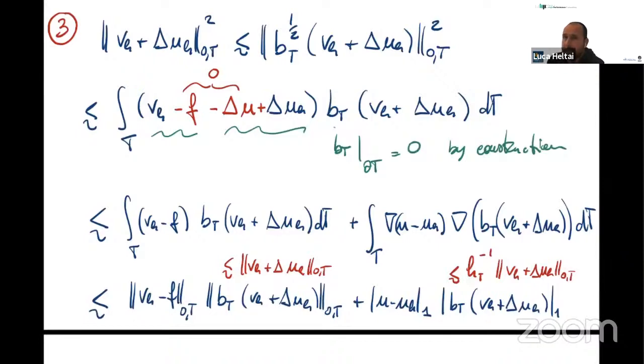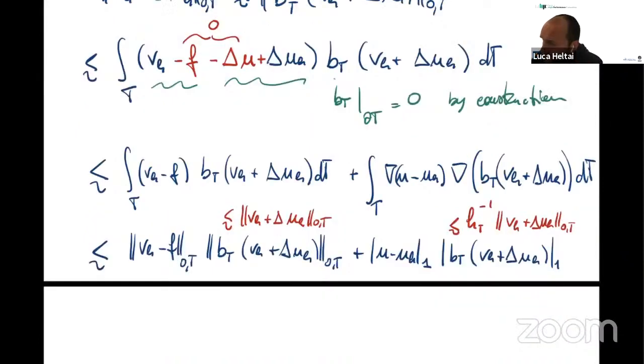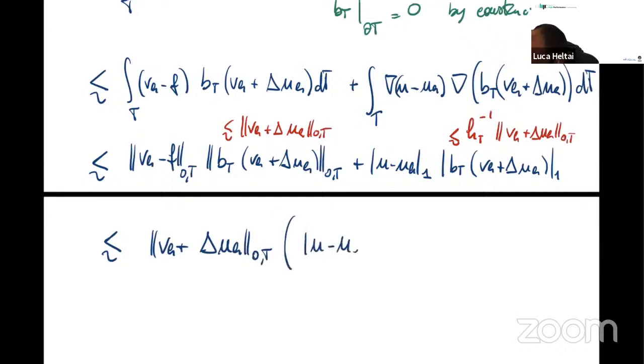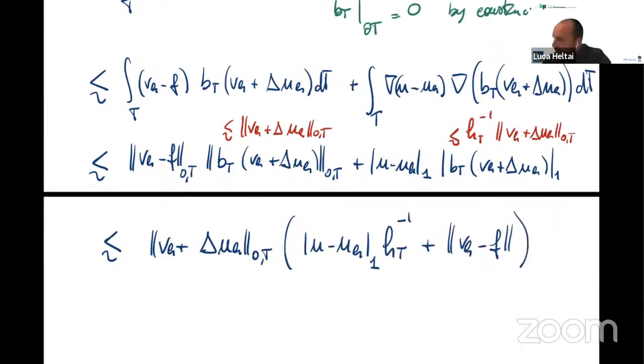Okay, then if I keep going, what I would obtain here is that all of this is smaller or equal than the norm of vh plus the Laplacian of uh, 0t, which multiplies u minus uh 1 with ht to the minus 1 plus the norm of vh minus f. And so far, vh is arbitrary.